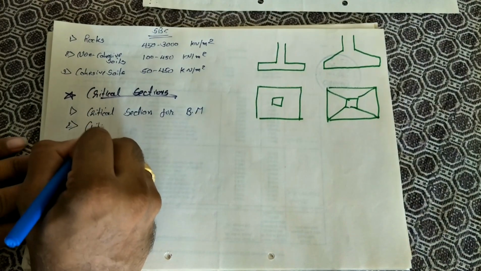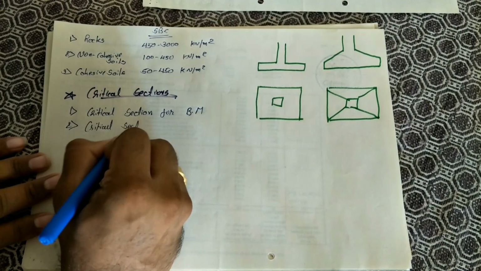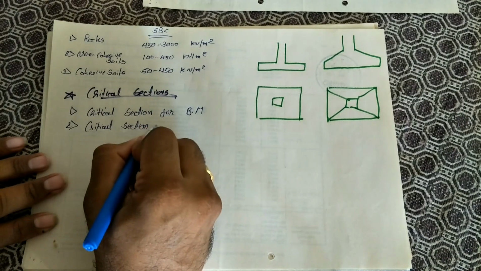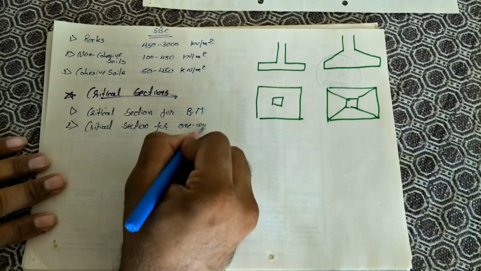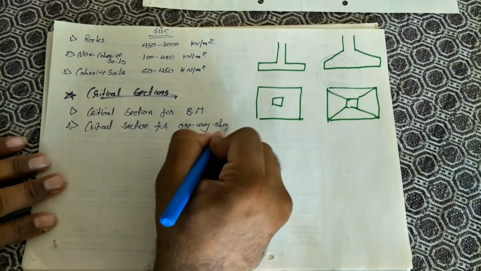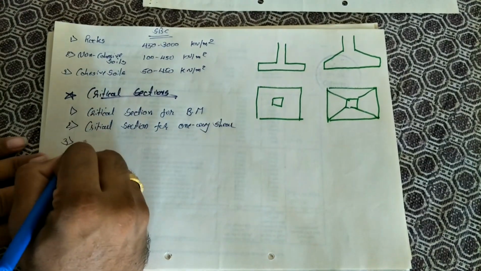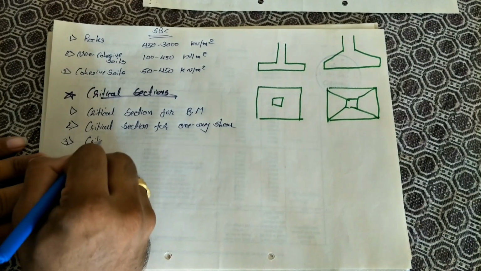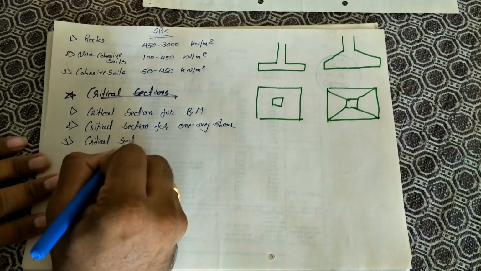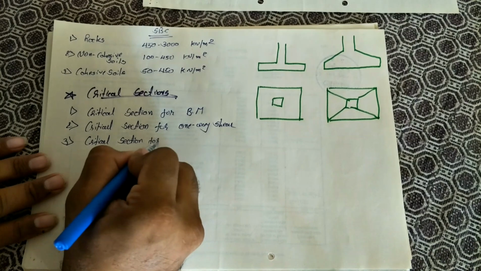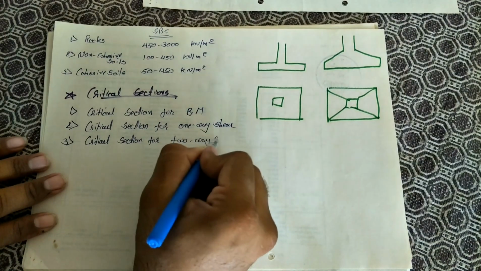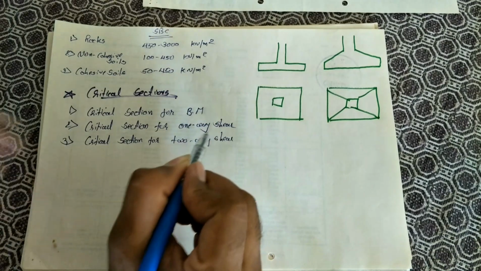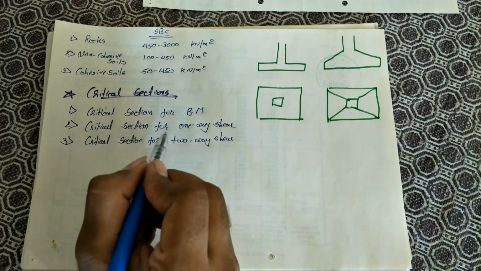Second is the critical section for one-way shear, and third is the critical section for two-way shear.